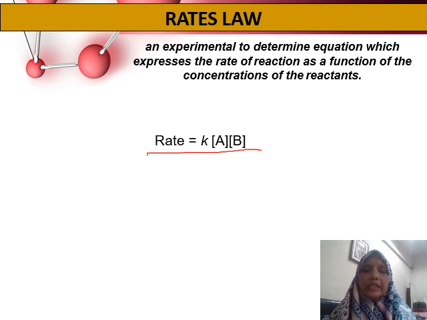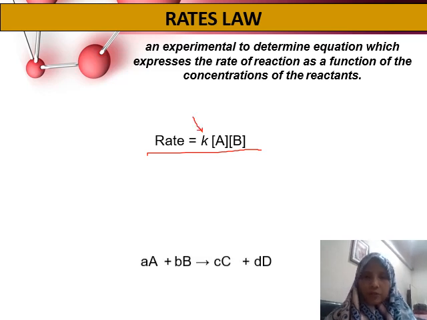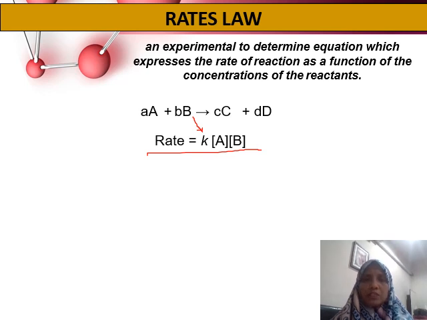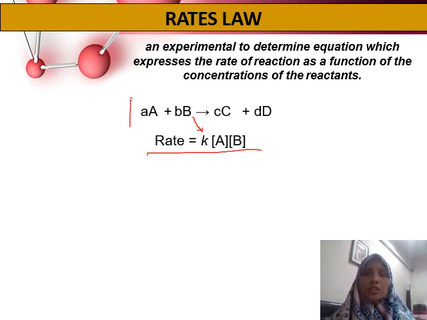Rate is equal to k times the concentrations of A and B, or if you have C, you can put C here. k here is the rate constant. How do we compare it to the equation A plus B equals C and D?